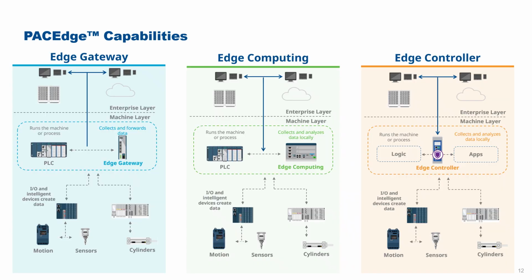Now, the easiest way to think of the capabilities of PACEdge is to divide the sorts of applications we come across into three main areas. And there's an overlap between the edge controller and the other two. But the two main aspects we see are for an edge gateway. An edge gateway is a device that sits alongside your PLC that's performing the machine control, and it gathers data and sends it up to the enterprise layer.